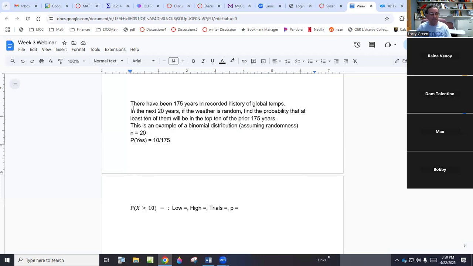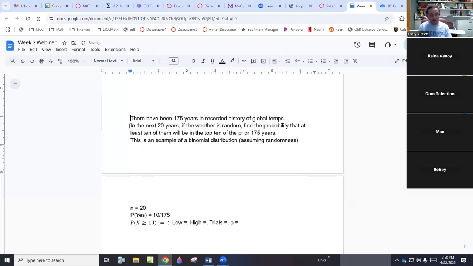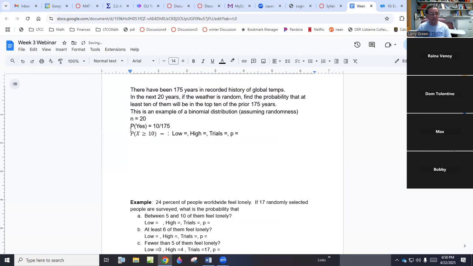Okay, so now we want the probability that X is greater than or equal to 10, because we want the probability that at least 10 of them will be in the top 10 of the prior 175 years. I just want to let you know, because it's going to help with the calculator: what's the smallest number to make this work?